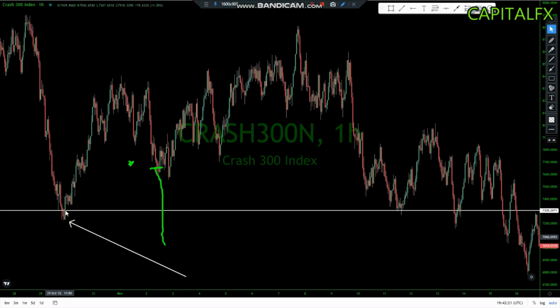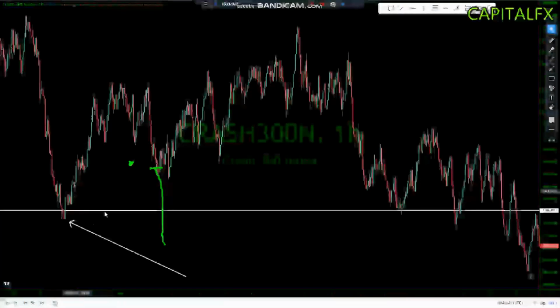So if you take this line here and put it here, the strategy I usually use to catch the order block is pending orders. Like this one here, I will put, if it is Boom, because I don't buy Crash, I only sell Crash.